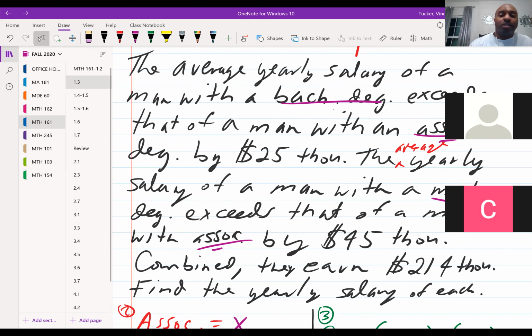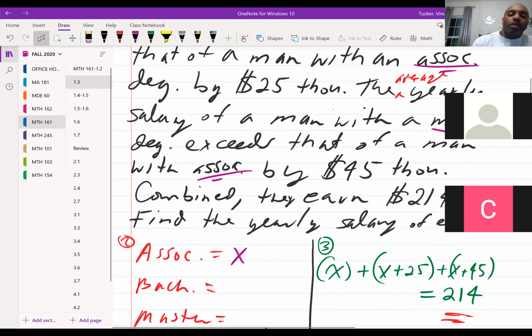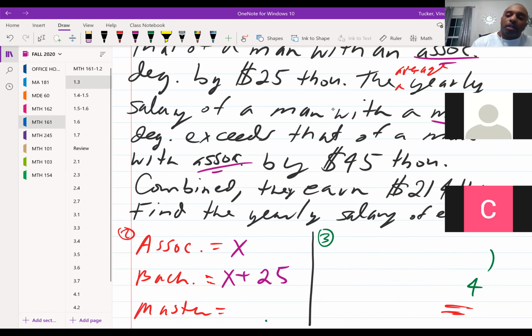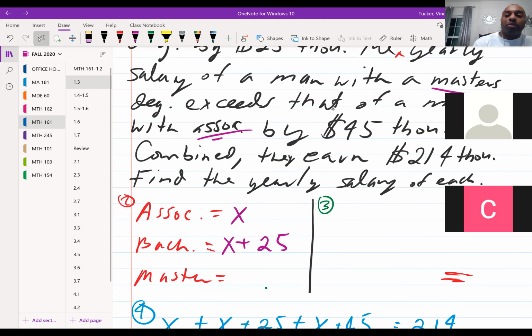That person exceeds the associates by 25. So I would call that X plus 25. Then the next one, the master's exceeds the man with the associates by 45. So it'll be X plus 45.